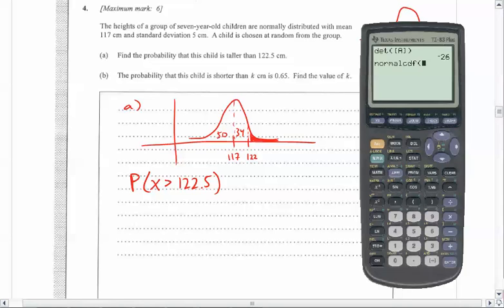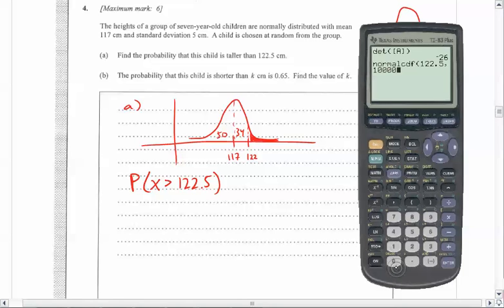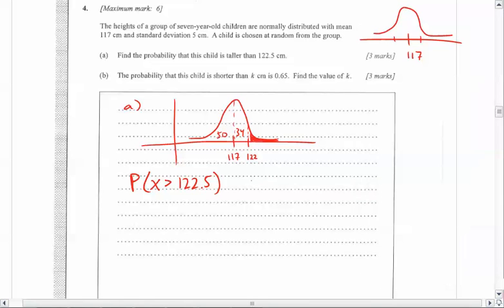So this is from 122.5 to infinity with a mean of 117 and a standard deviation of 5. So 14%. That's pretty close to the 16% I was thinking before. So let's say 3 sig figs would be 13.6%.